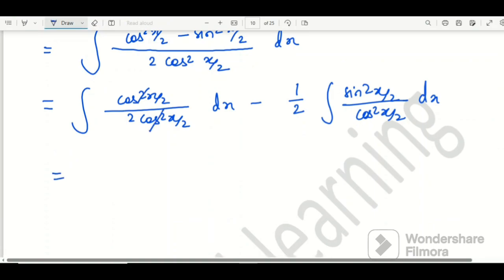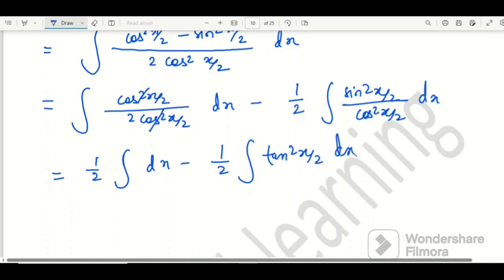We can cancel cos square and send 2 outside. So it will be dx minus 1 by 2, and this will become tan square x upon 2. We can easily integrate the first to x, x to the power 0. And to integrate the second function, we can use the trigonometric identity sec square x minus tan square theta equal to 1. So I'm leaving this to you. You can proceed from here.